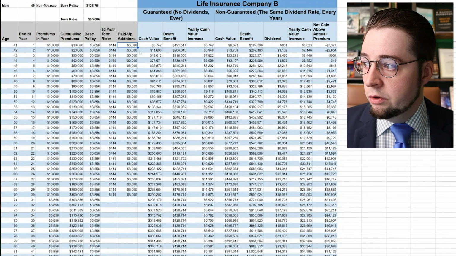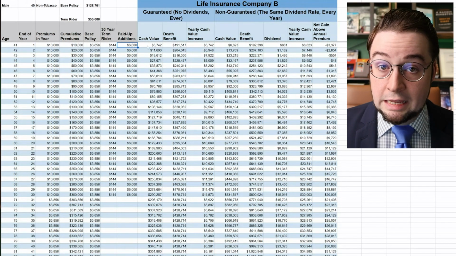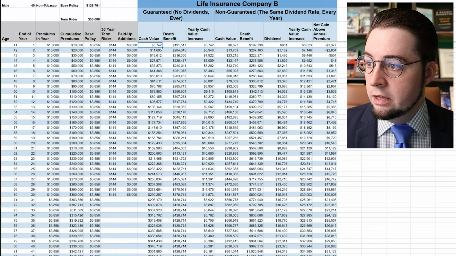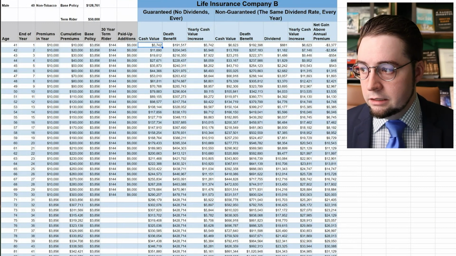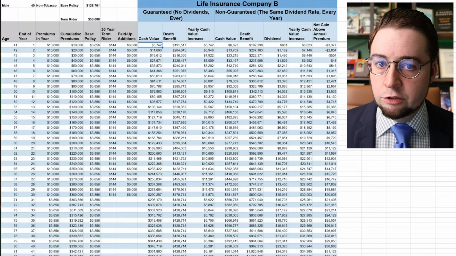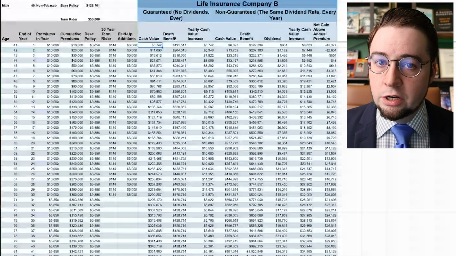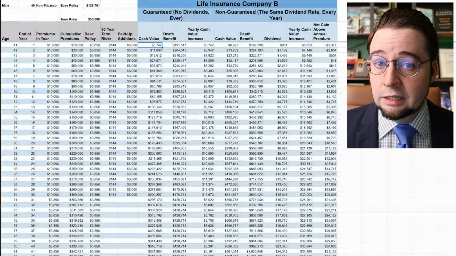However, for the same amount of paid-up additions, $6,000 in the first year, the cash value is guaranteed to go up less. I won't flip back and forth between the two carriers. Feel free to rewind. But the guaranteed numbers on the first carrier look significantly better.